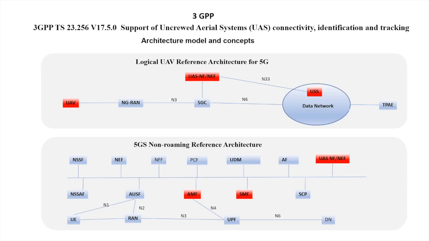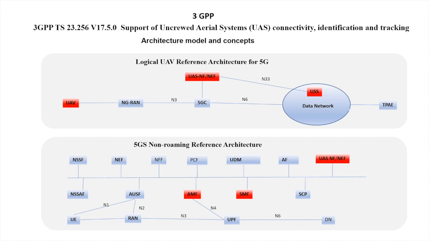The logical UAV reference architecture shows data flow between UAV and USS. UAV sends data to the Next Generation Radio Access Network, which communicates with the 5G Core. The 5G Core communicates with USS through UAS-NF, which is the Unmanned Aircraft System Network Function element.